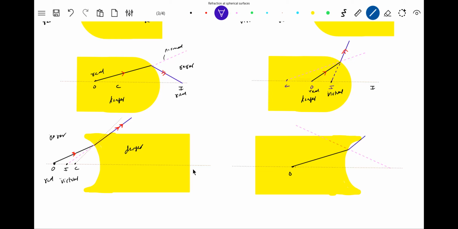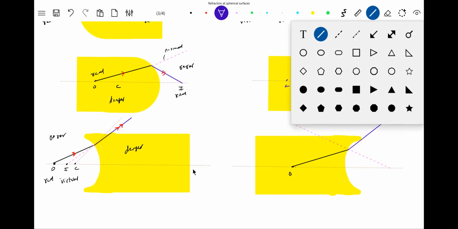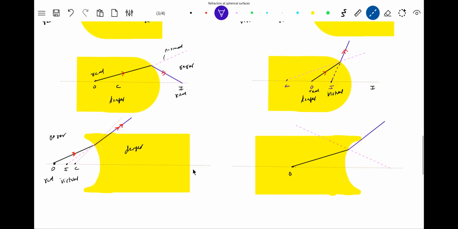So away from the normal will be like this. If you produce it back, it will come like this. So this is the image. Rarer, denser, this is a real object, virtual image.